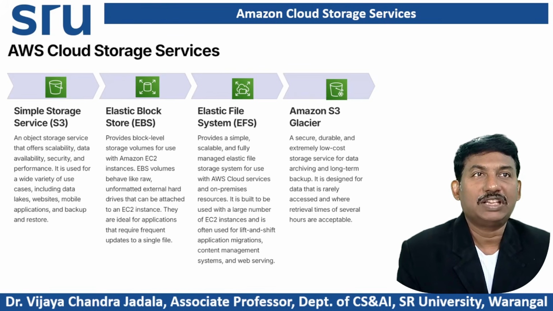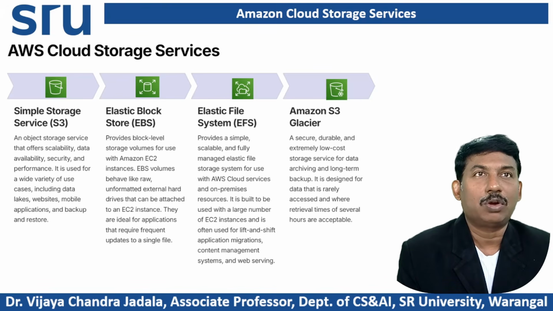An Elastic Block Storage EBS volume is measured in IOPS, that is input output operations per second. So the block storage volumes are meant for Amazon EC2 instances.